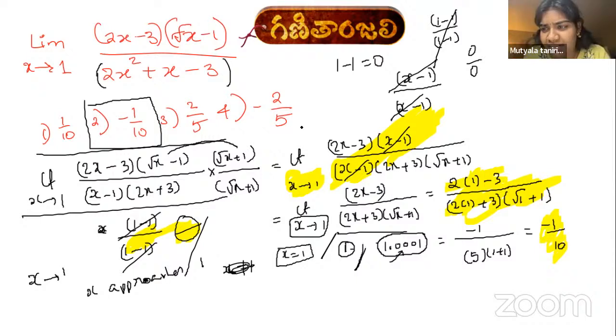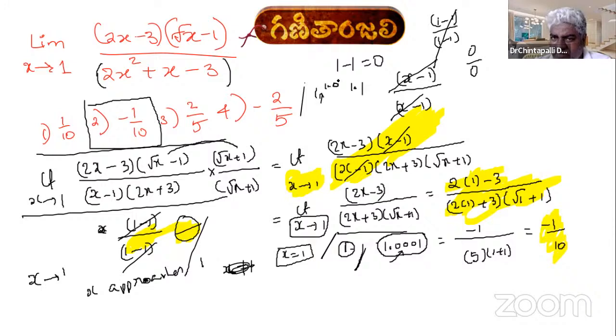No. See, for example, we can insert a number between 1 and 1.1. There is a number between 1 and 1.1, that is 1.01. If we take 1.01, can we insert any number between 1 and 1.01?